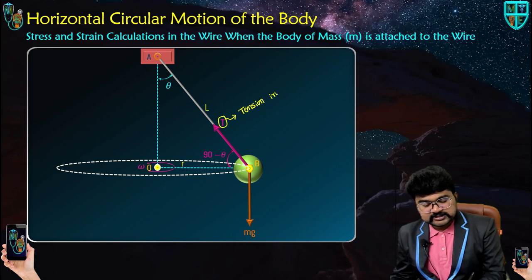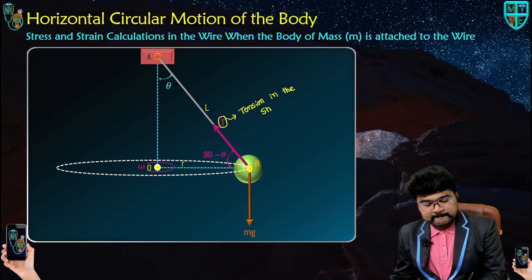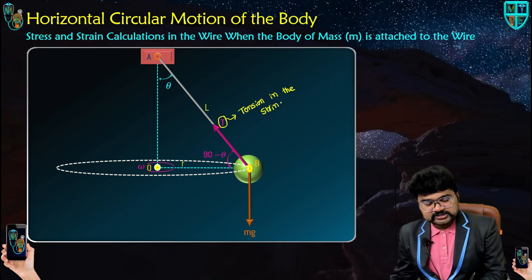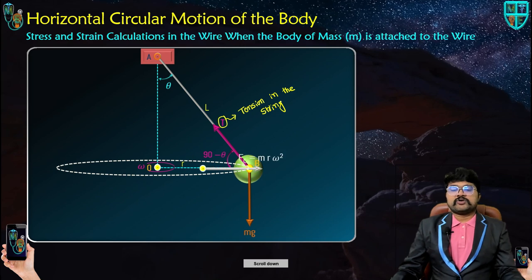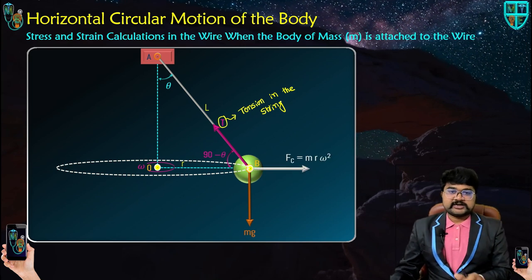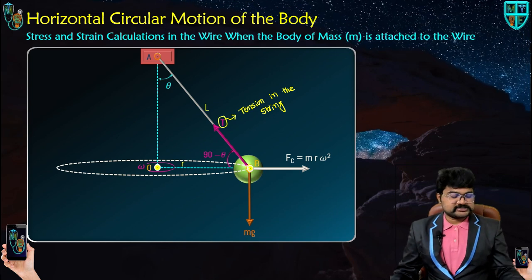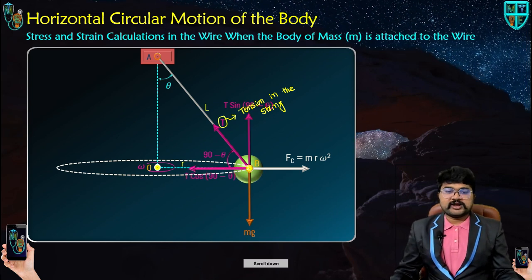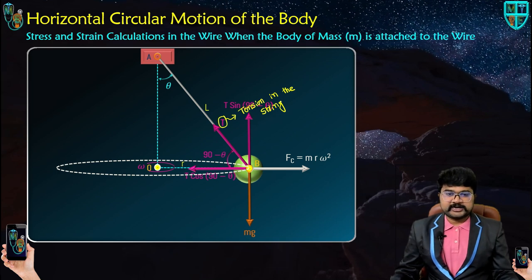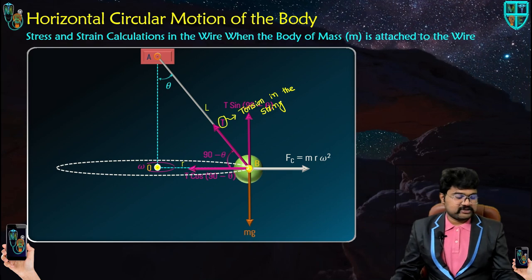Centrifugal force always acts away from the center of circular motion of the body. Here you will be resolving it like this. You resolved it. Understood? T cos theta, and here you will be getting T sin theta.